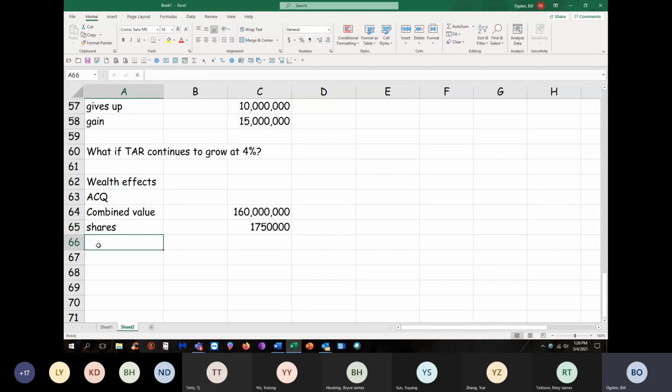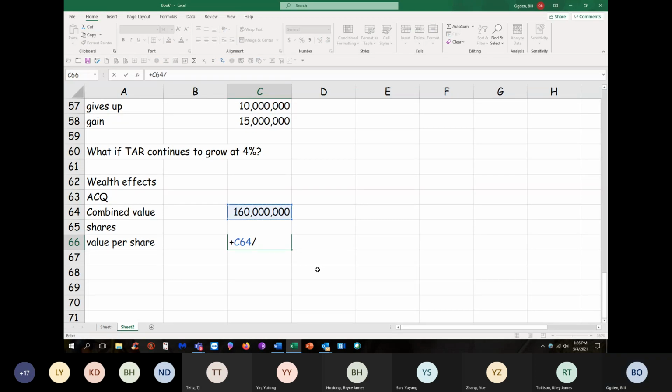And so what does that come out as value per share? And let's not forget our commas. Divide the value by the number of shares, and we get a price of $91.43 per share. All right.